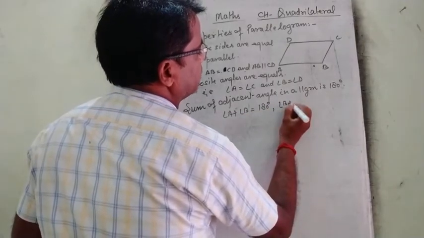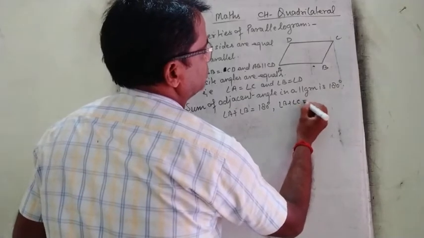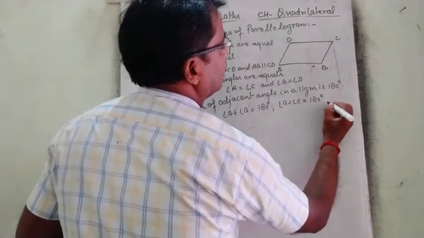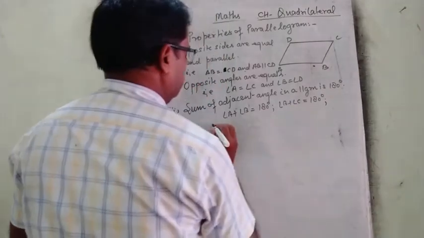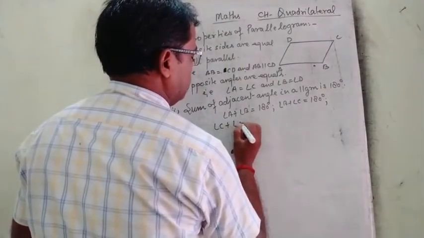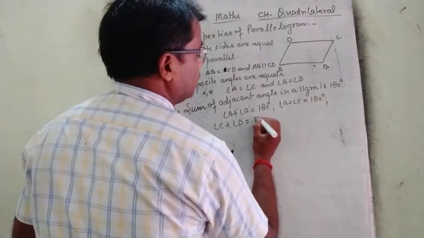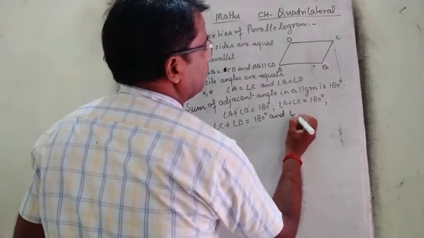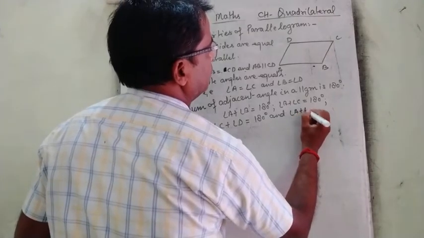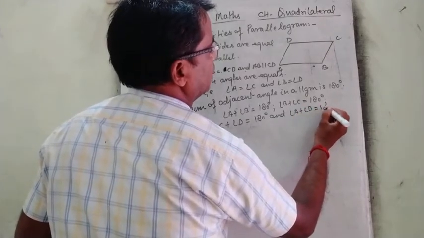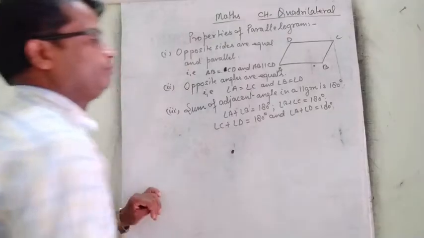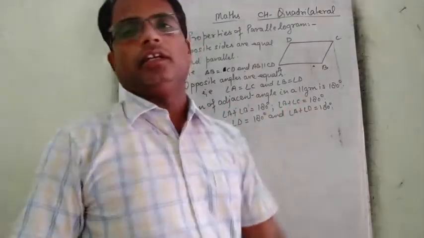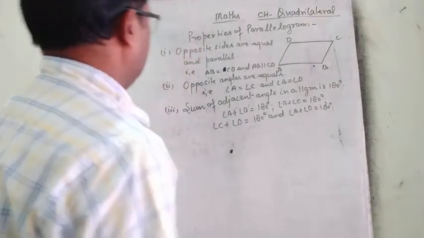Angle B plus angle C is equal to 180 degrees. Angle C plus angle D is also 180 degrees. And angle A plus angle D is equal to 180 degrees. This is the sum of adjacent angles in a parallelogram.